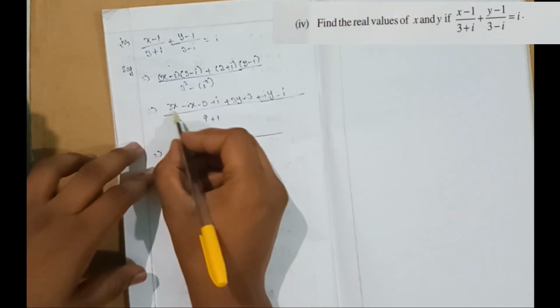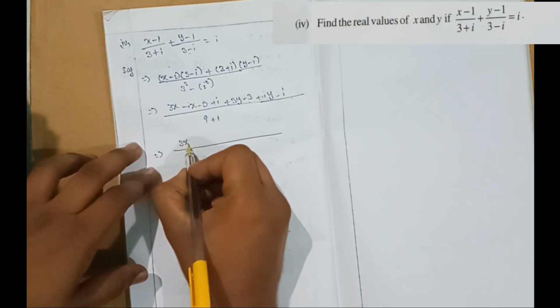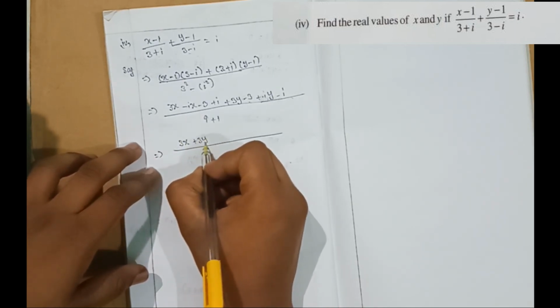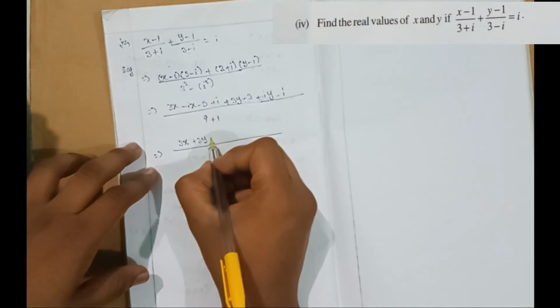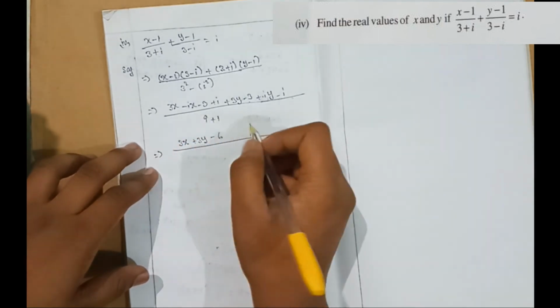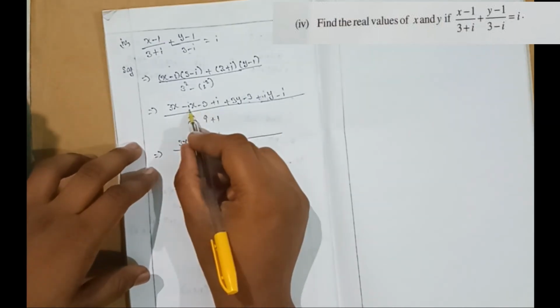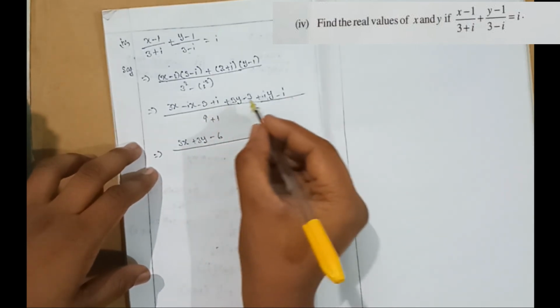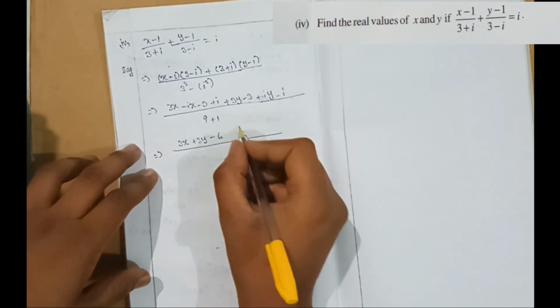Now we will simplify it. 3x one side and 3y one side, and minus 3 will become minus 6, and we will write all these items in one order.